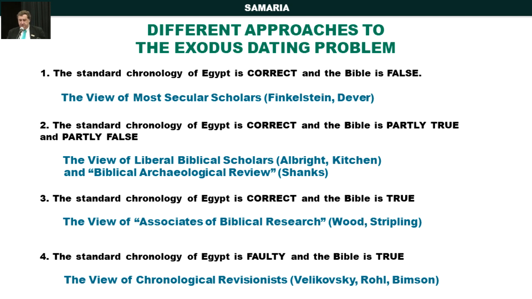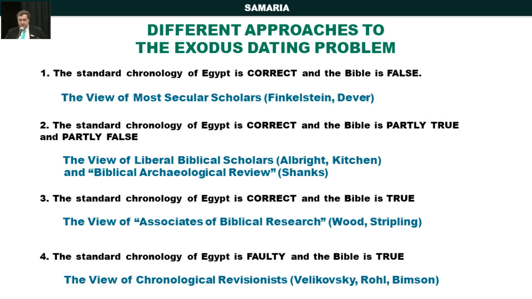Now, the third approach to the problem is that the standard chronology of Egypt is correct and the Bible is also true. Now, this is the approach taken by the Associates of Bible Research, led by Bible-believing archaeologists Brian Wood and Scott Stripling.